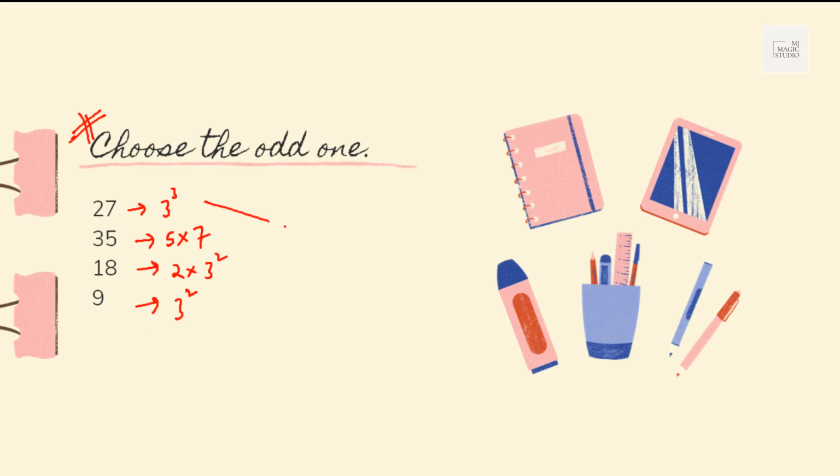If I check these numbers, three of them have something in common, and that is 3 square, that is 9. 27 is divisible by 9, 18 is divisible by 9, 9 itself is divisible by 9, but 35 is not divisible by 9. So here 35 should be the odd one out, because it is not a multiple of 9.